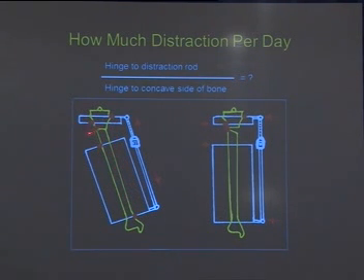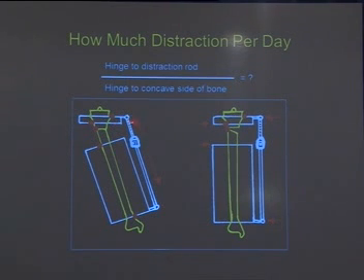Now you have put a distraction rod here. So you measure from the outer cortex of the bone to the distraction rod. Suppose this is 12 centimeters. Then you measure from the outer cortex to the inner cortex of the bone. Say that is 3 centimeters. So 12 divided by 3, that will be 4.